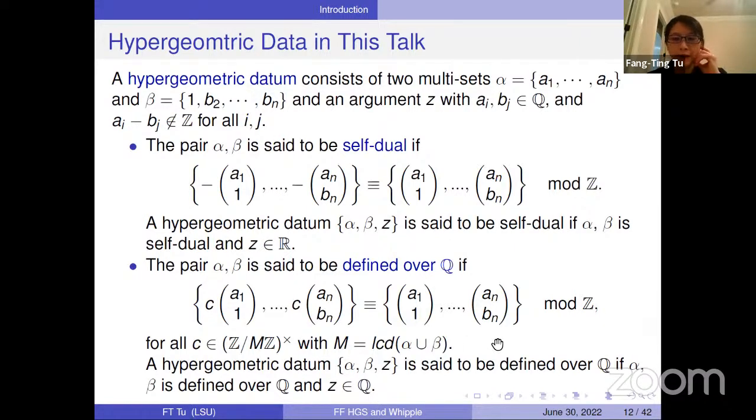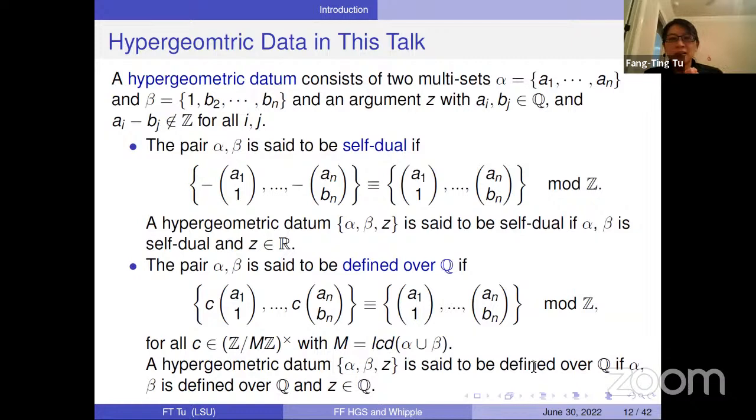So this is kind of the idea why we define self-dual and defined over Q. Okay, so this is the hypergeometric data that I will talk about in this talk.